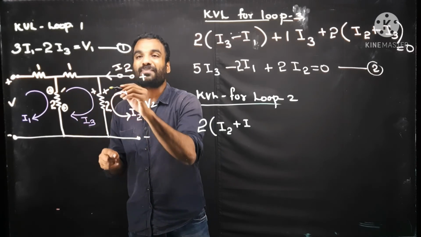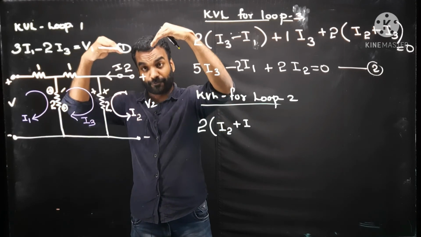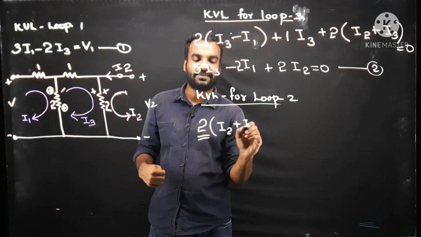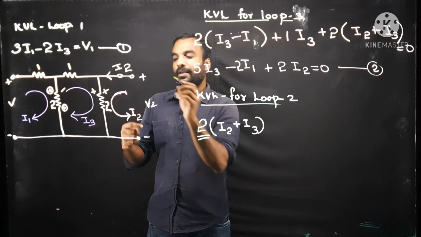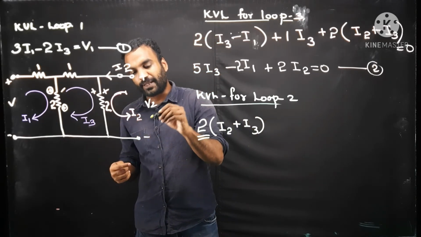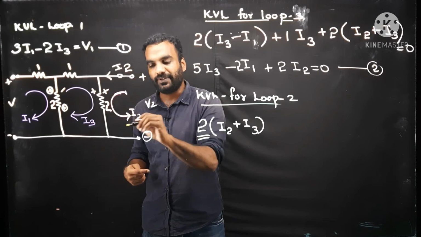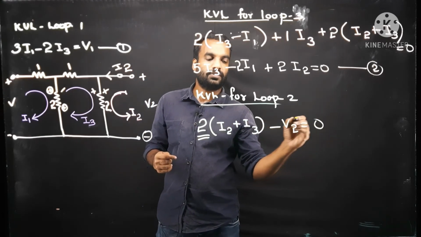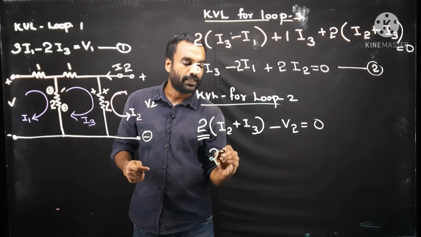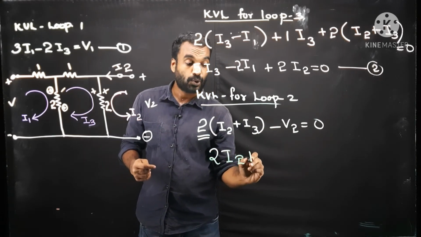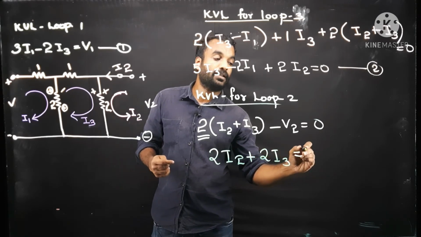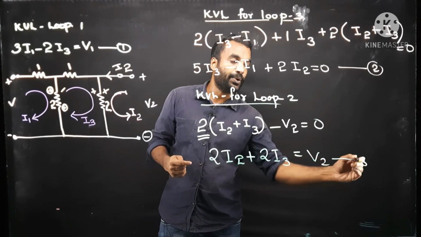But for the 2 ohm resistor, both are flowing from top to bottom. That is the case. For the 2 ohm resistor, it is I2 plus I3. Then for the voltage source, we are seeing minus first with this polarity. Minus V2 is equal to 0. So what will be the equation? 2I2 plus 2I3 is equal to V2. This is the third equation.